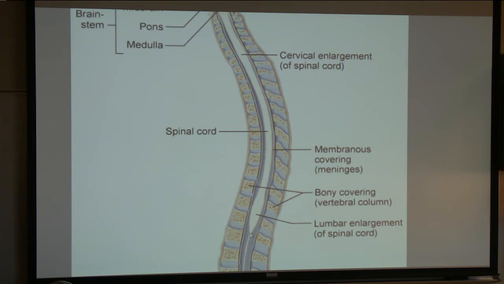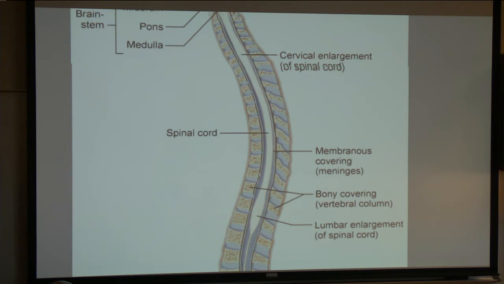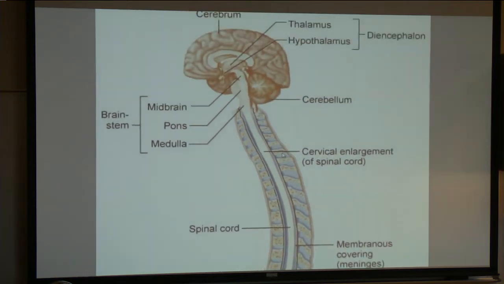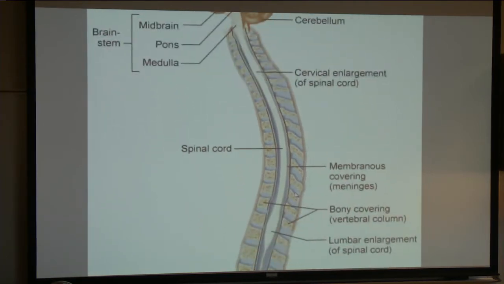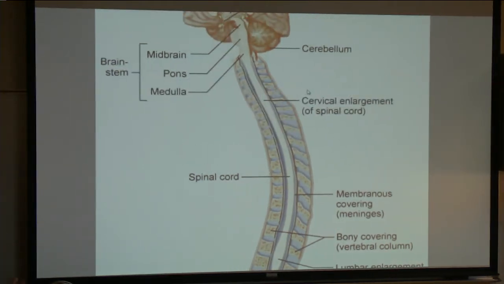Right before it ends, you notice that there is an enlargement, and we call it the lumbar enlargement of the spinal cord. So it's pretty large at the end. And then there's also what we refer to as the cervical enlargement of the spinal cord. So it's a little bit wider in these places because in these places it's going to lead to what we call a plexus.